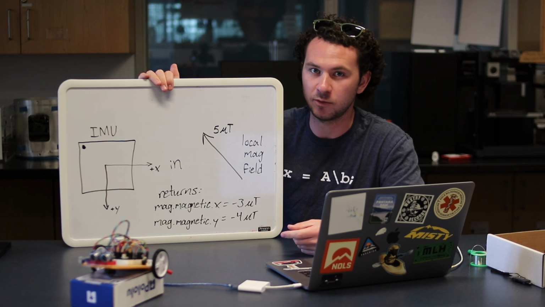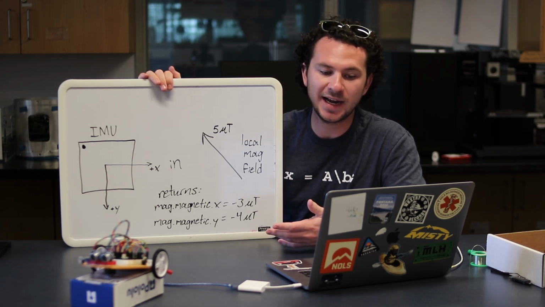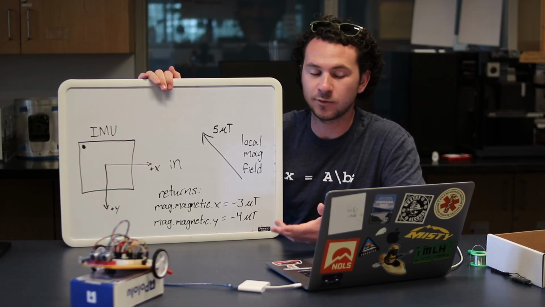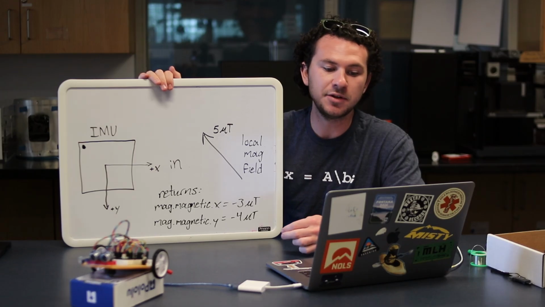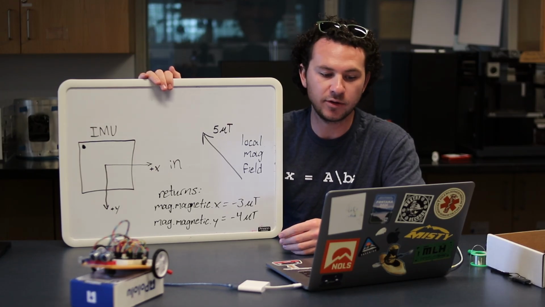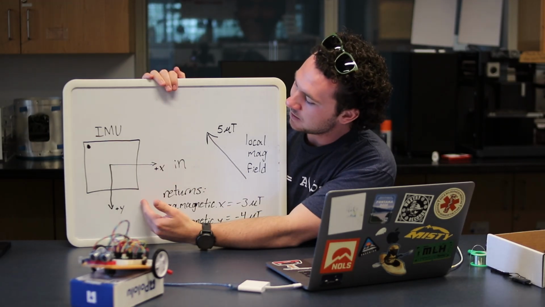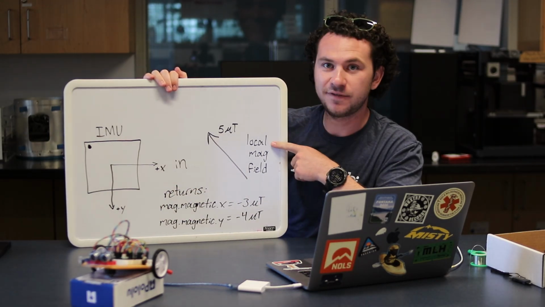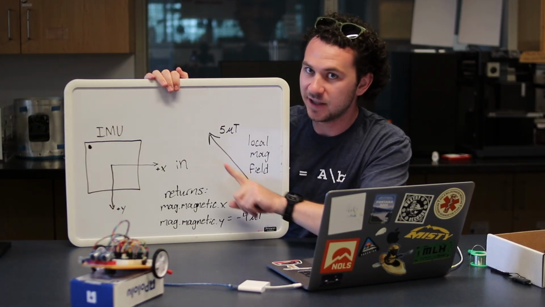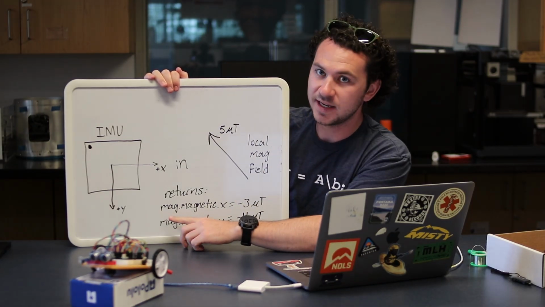following the right-hand rule. What the magnetic field sensor does is measure the magnetic field strength in microteslas along the x, y, and z axes of the magnetometer. This gives you the vector components of the local magnetic field. So, in other words, our IMU with this axis orientation in this 5 microtesla magnetic field going that direction would return these values.